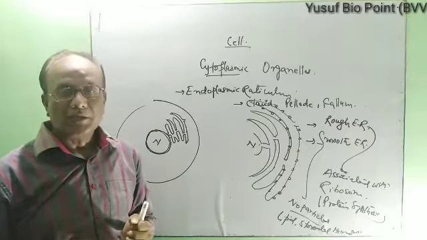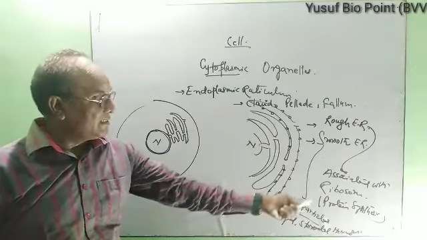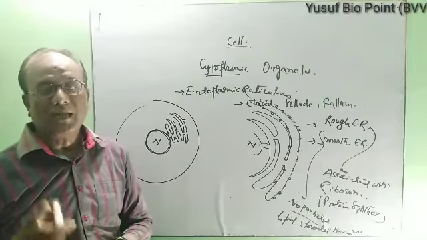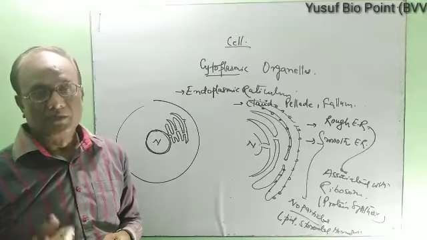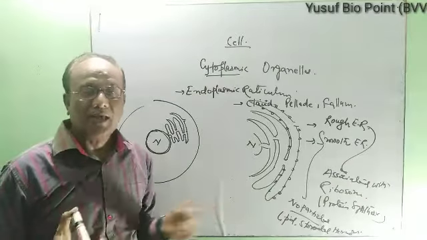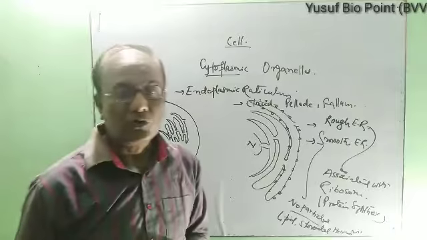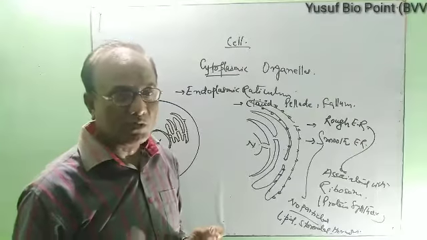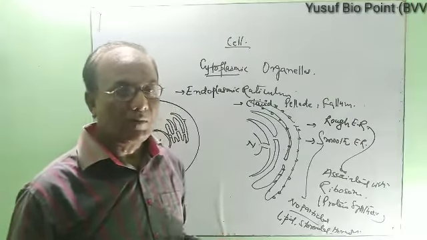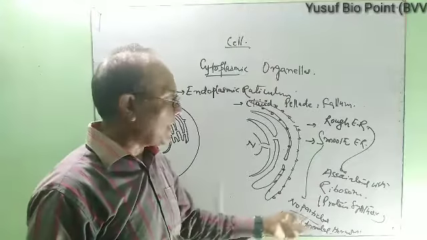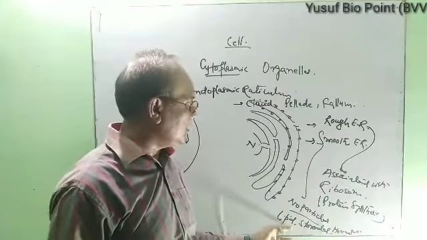One with particles known as ribosomes, so it is helpful in protein synthesis. The other has no particles, so it is called smooth endoplasmic reticulum, and it also takes part in lipid synthesis.